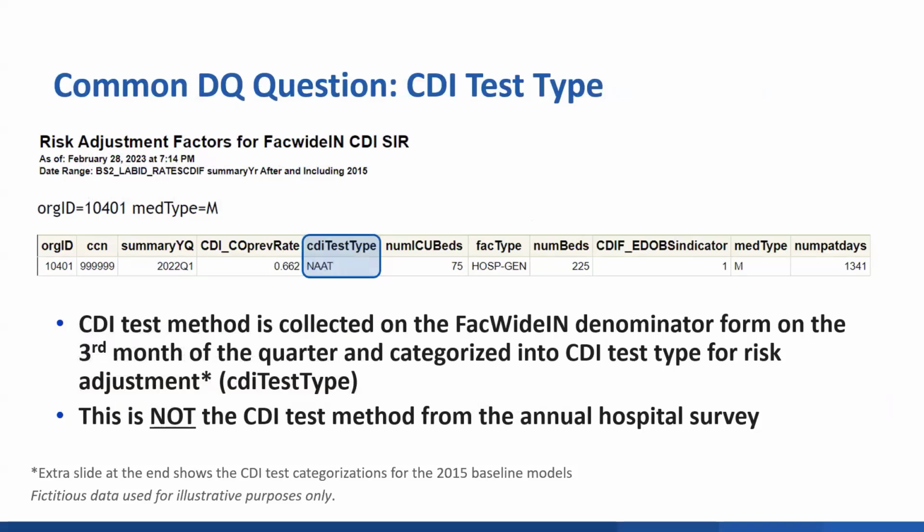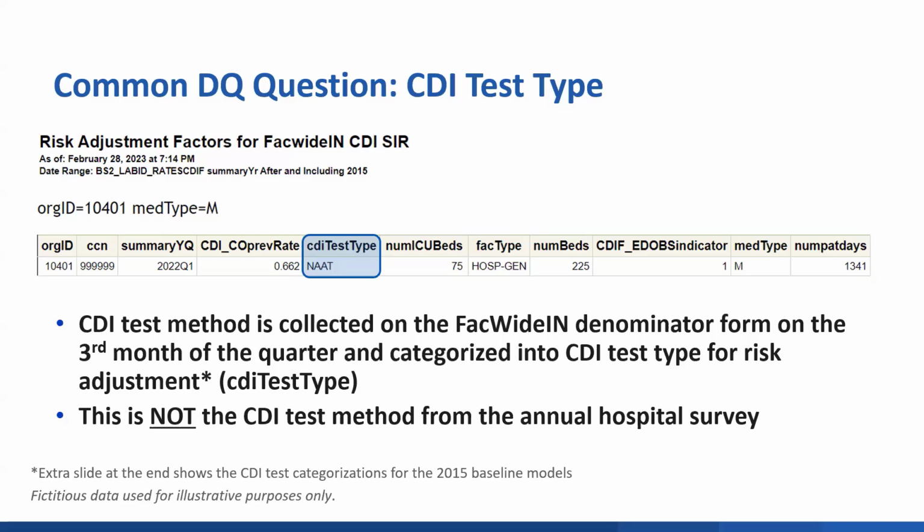A common data quality question that we sometimes get surrounds CDI test type. CDI test method is collected on the third month of the quarter and then categorized into CDI test type for risk adjustment.